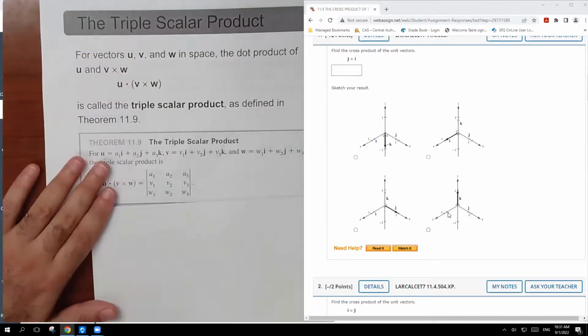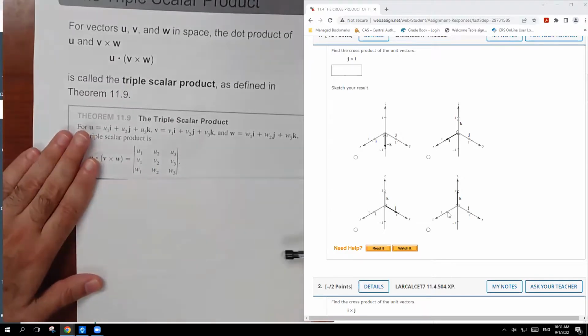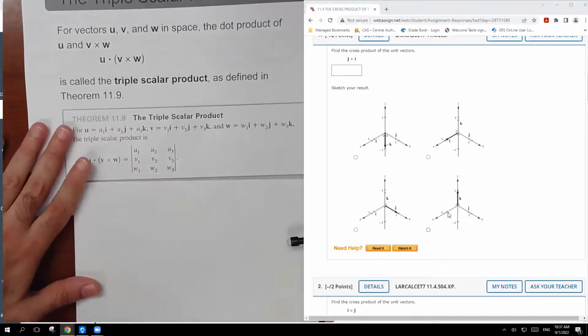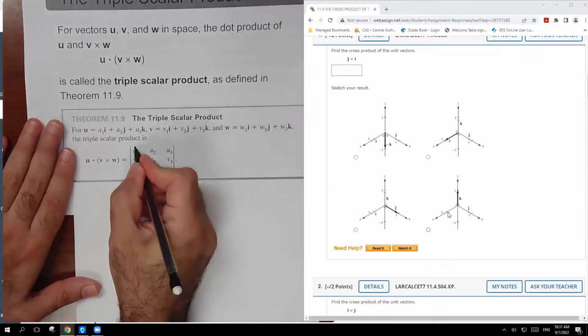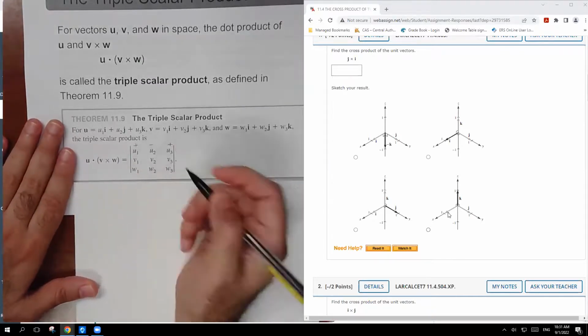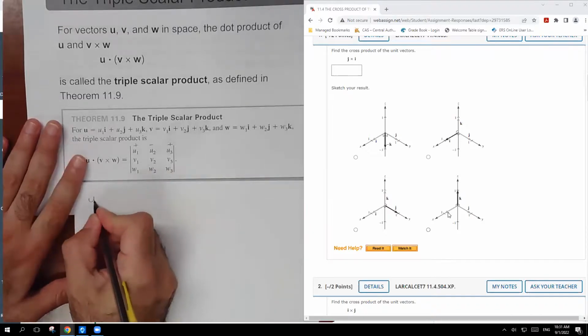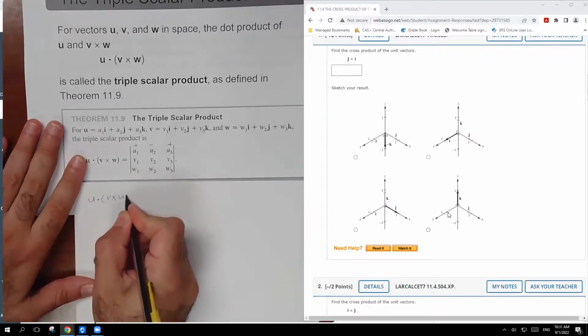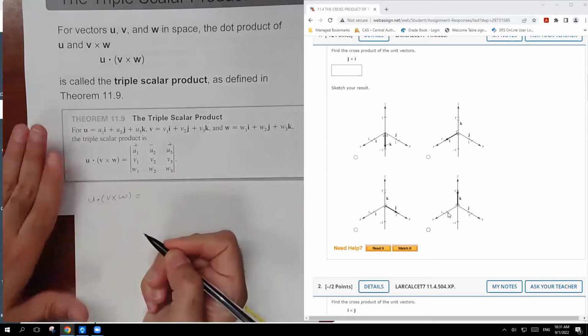The first thing I'm going to do is the same technique: plus, minus with the J, and here's a plus. So U dot V cross W is going to be equal to the following.